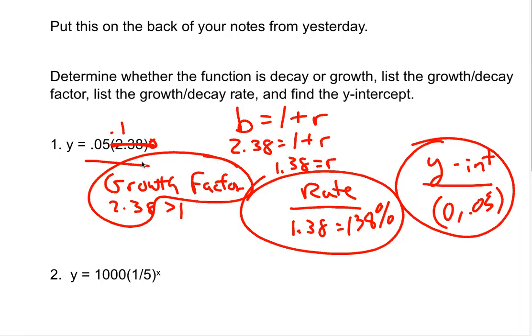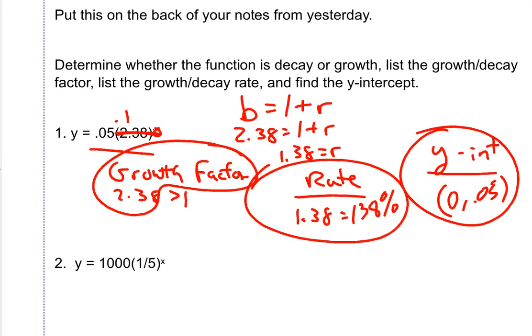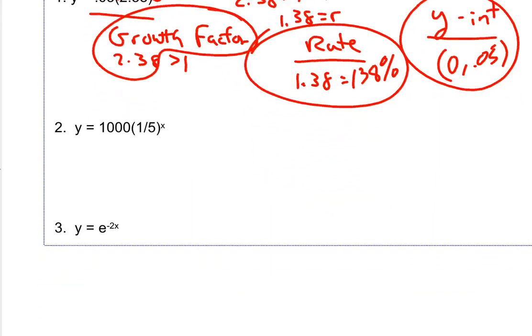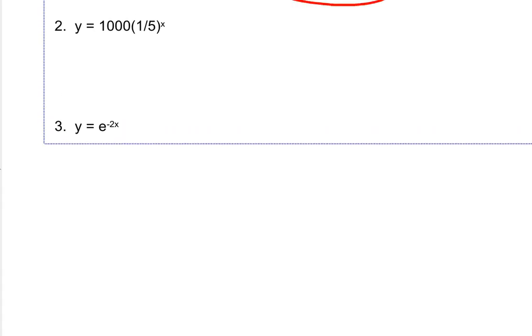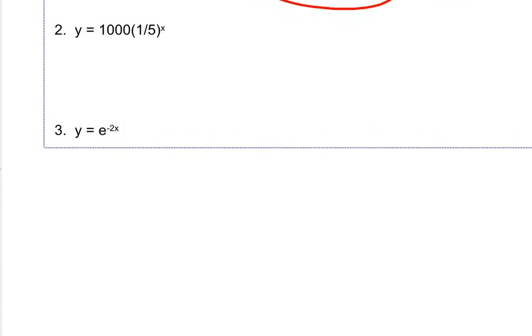A couple more here. y equals 1,000 times 1/5 to the x. One-fifth is between 0 and 1, so that's decay.